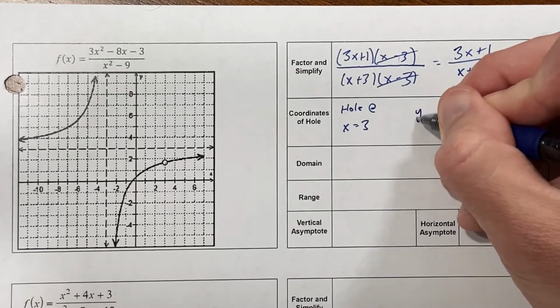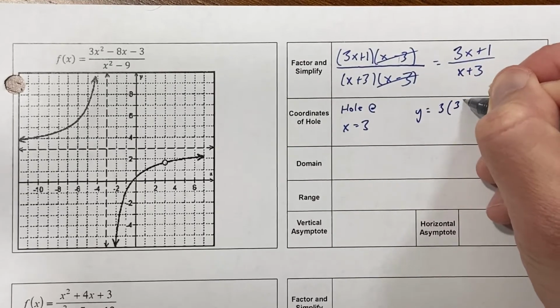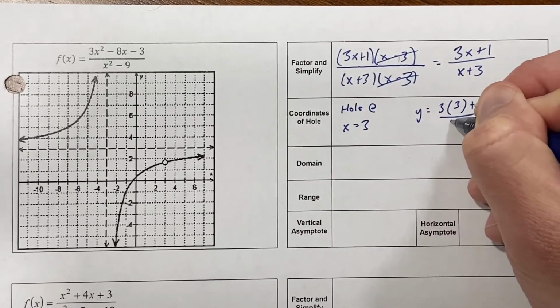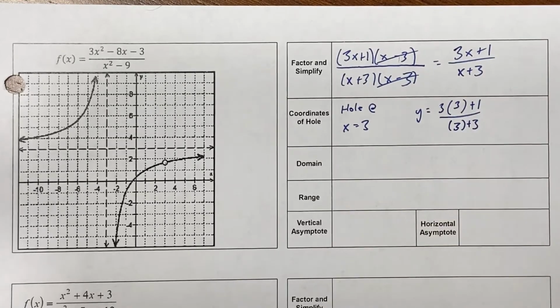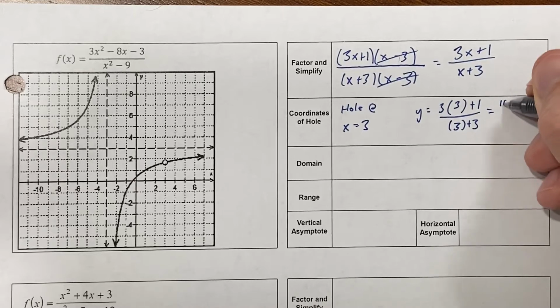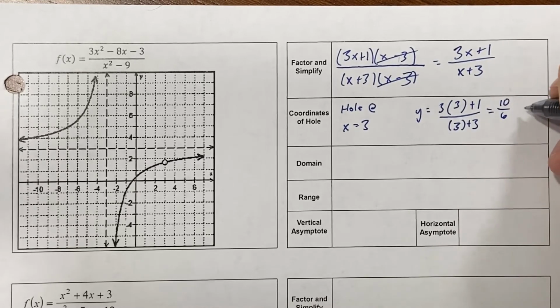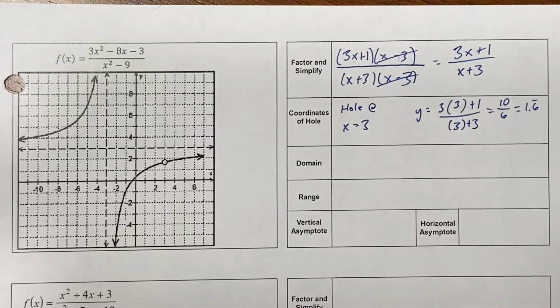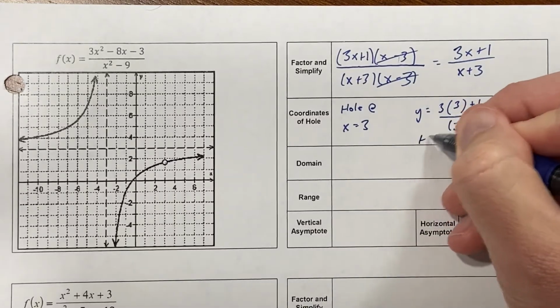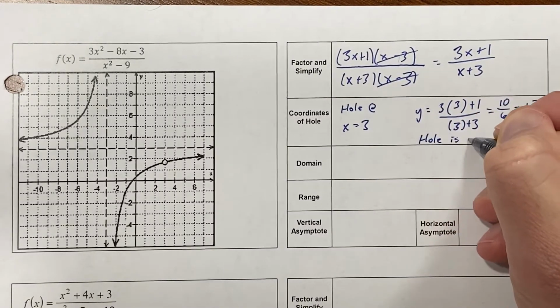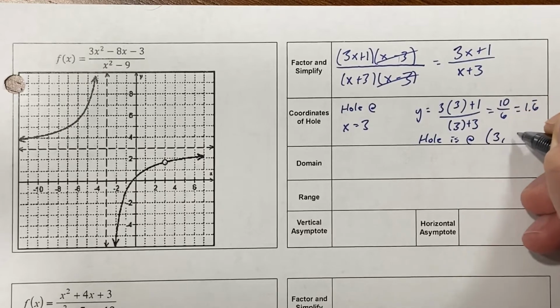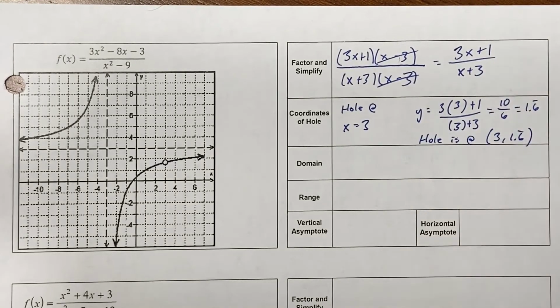So y equals 3 times 3 plus 1 over 3 plus 3. That is 9 plus 1 is 10 over 6. That is 5 over 3. I think it's 1.66666. That looks about right. So the hole is at 3, 1.6, infinitely repeating like that.